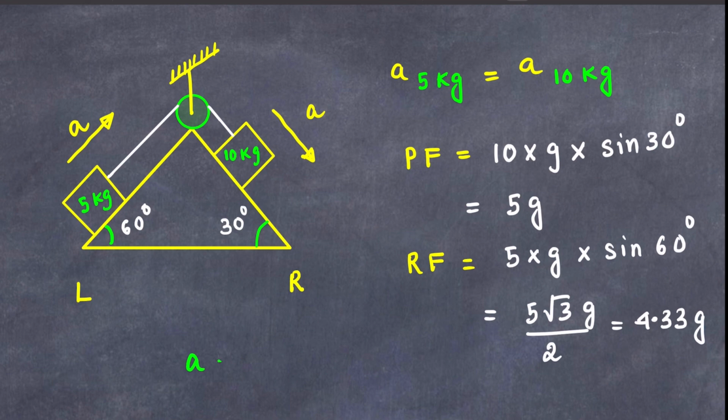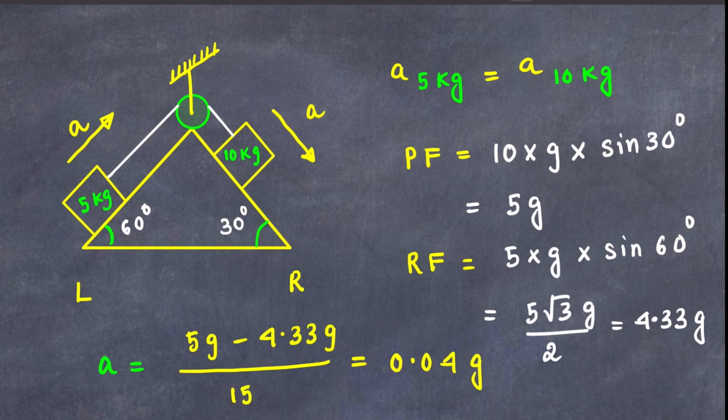So that means the acceleration will be the total pulling force, that is 5g, minus the total resisting force, that is 4.33 g, divided by the total mass. Now what is the total mass? 10 kg plus 5 kg, so that means this will be 15. Now over here, one thing that you need to know is that the acceleration came out to be positive.